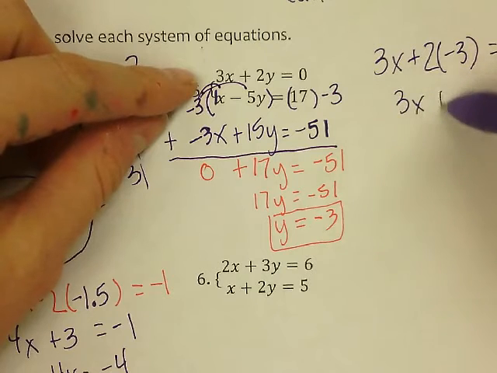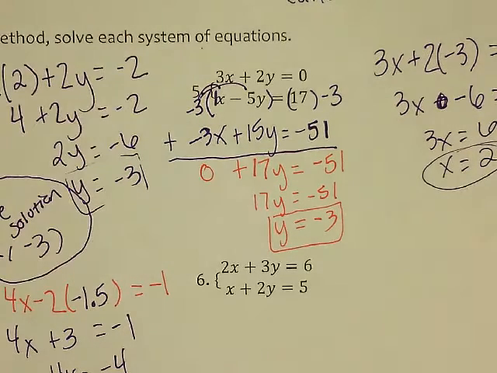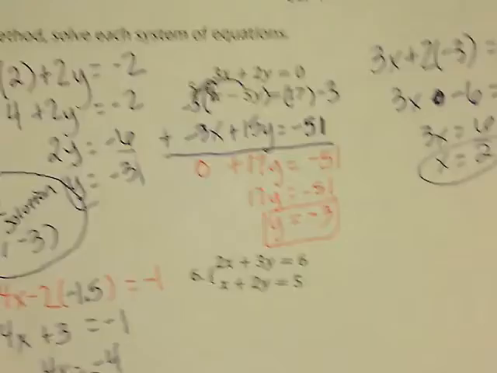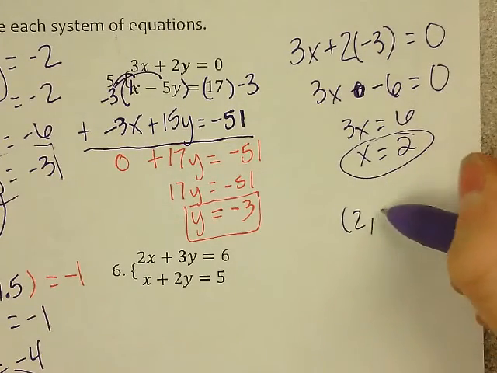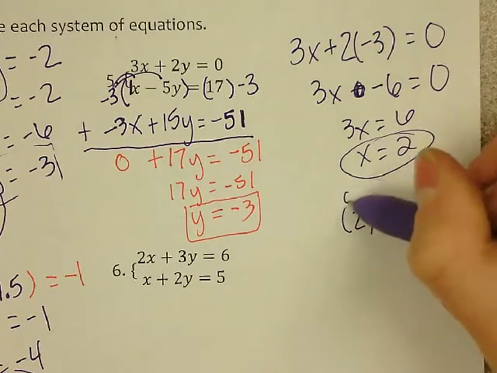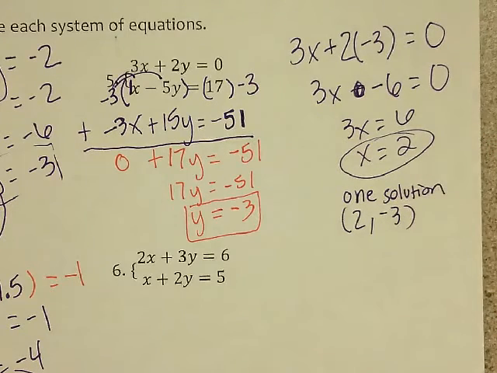So I have, that's -6. Add 6 to both sides. Divide by 3, x is 2. All right, so I've got one solution, and it's 2, -3. All right, how do we feel about that?